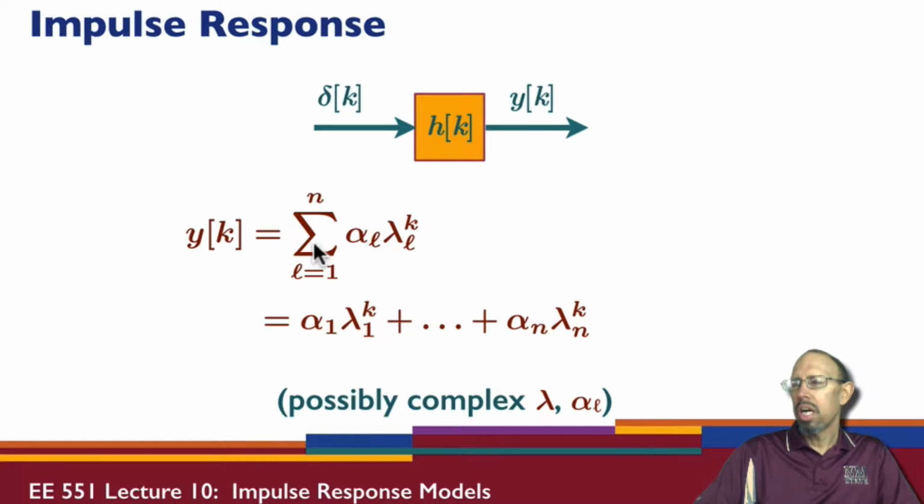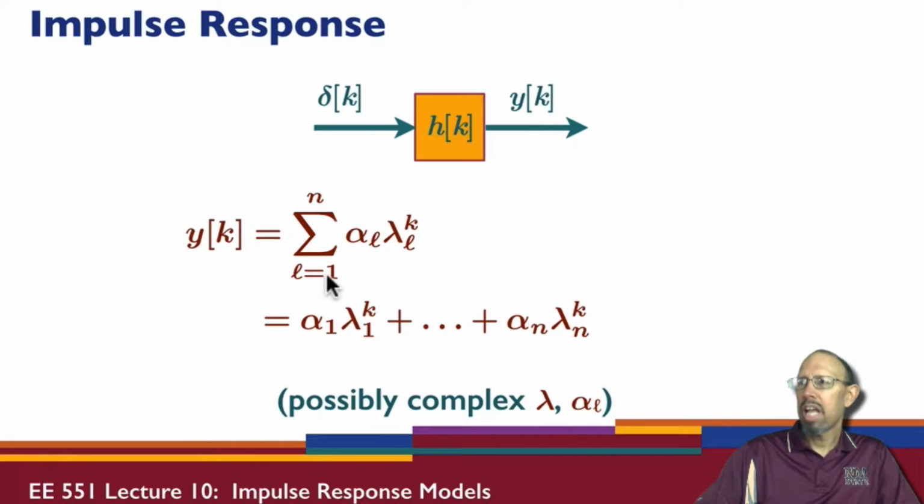So in general, for a linear time invariant system, we will have an impulse response that looks like this. If you apply an impulse to the system, you will get a weighted sum of lambdas.